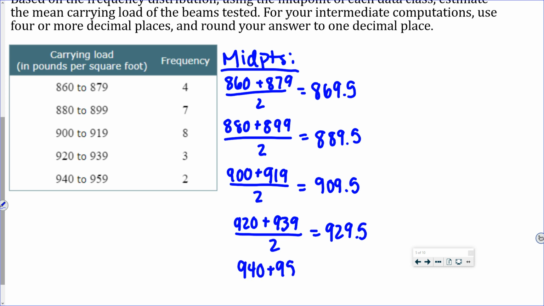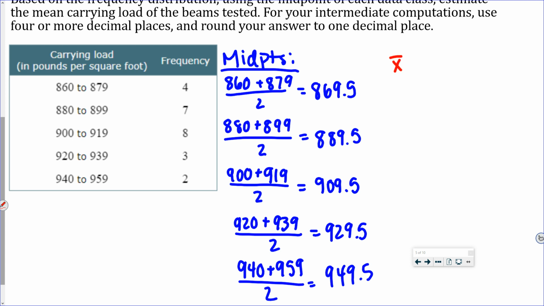Okay. There's all my midpoints for each class. So to find the mean, it's just like a weighted mean here.